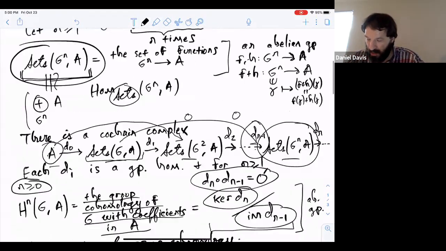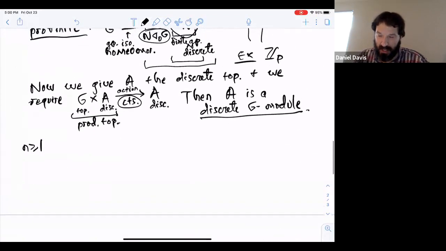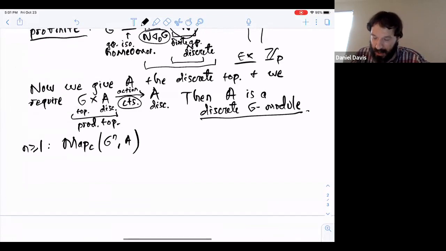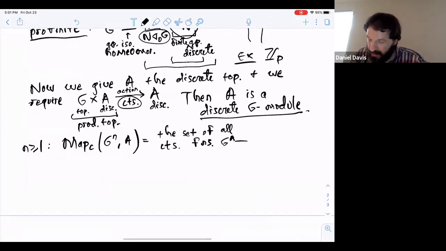The analog that we want to consider now is map sub C of G^n comma A. This is the set of all continuous functions from G^n into A. We're just adding one structural requirement, that the functions we consider be continuous.